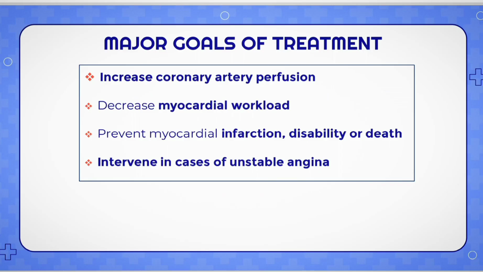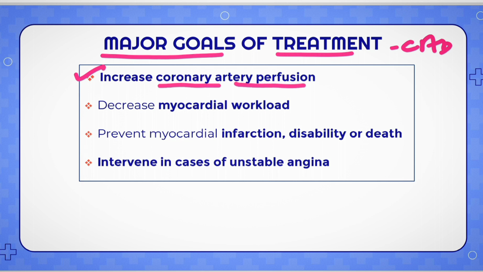So what are the major goals of treatment of any coronary artery disease? The first major goal in treatment of coronary artery disease includes increase in the coronary artery perfusion, meaning maintenance of the flow of blood in coronary arteries. The second goal is to decrease the myocardial workload so that the heart can pump the blood very smoothly.